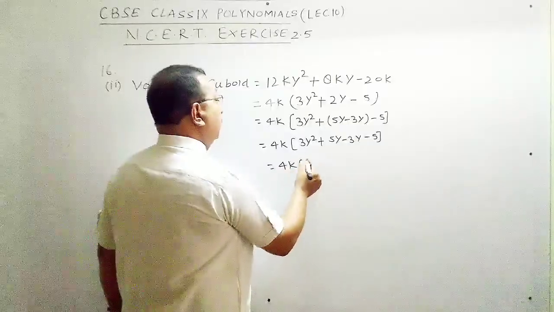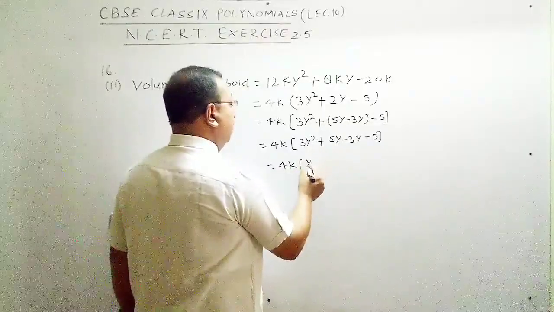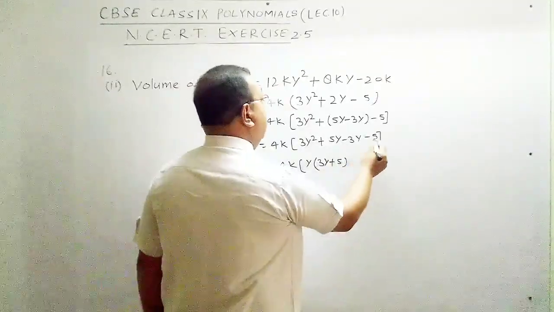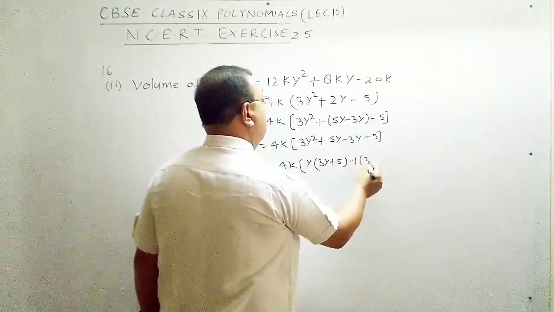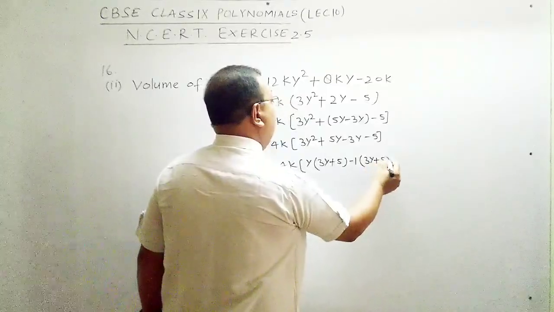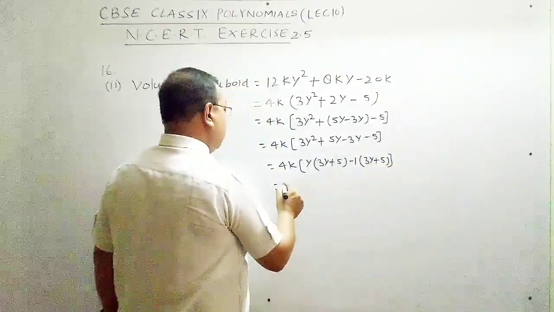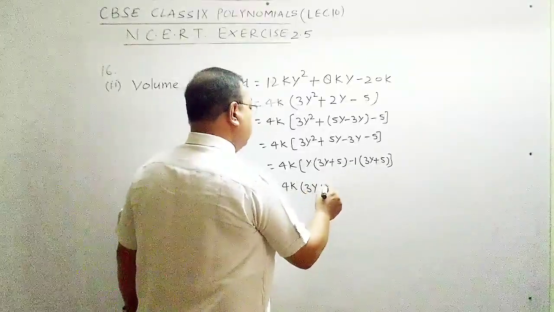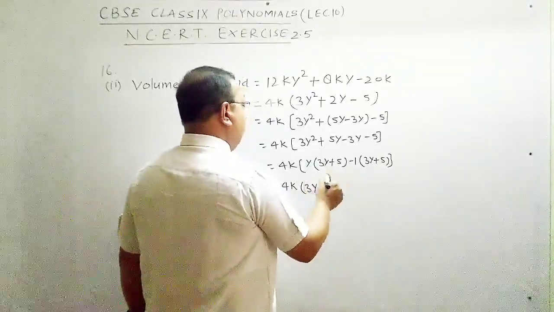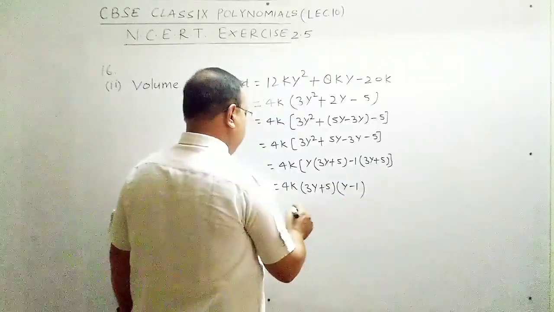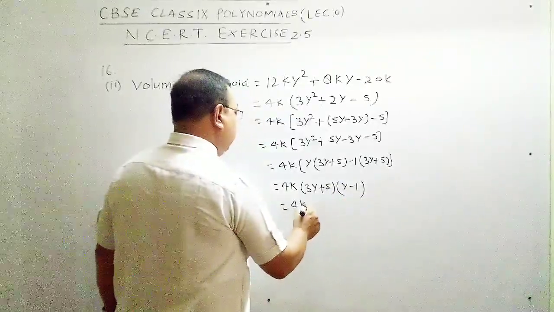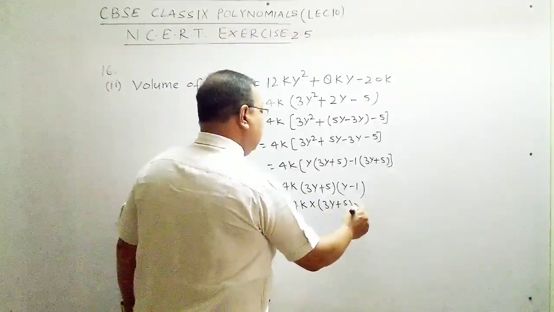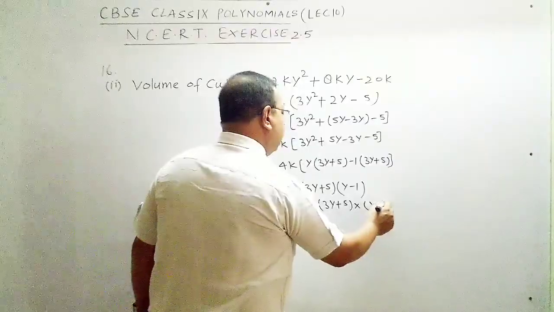4k, from the first two terms y is common, that is 3y plus 5. In the next two terms minus 1 is common, 3y plus 5. Then 4k, from both 3y plus 5 is common, so y and minus 1 is left. This is 4k into 3y plus 5 into y minus 1.